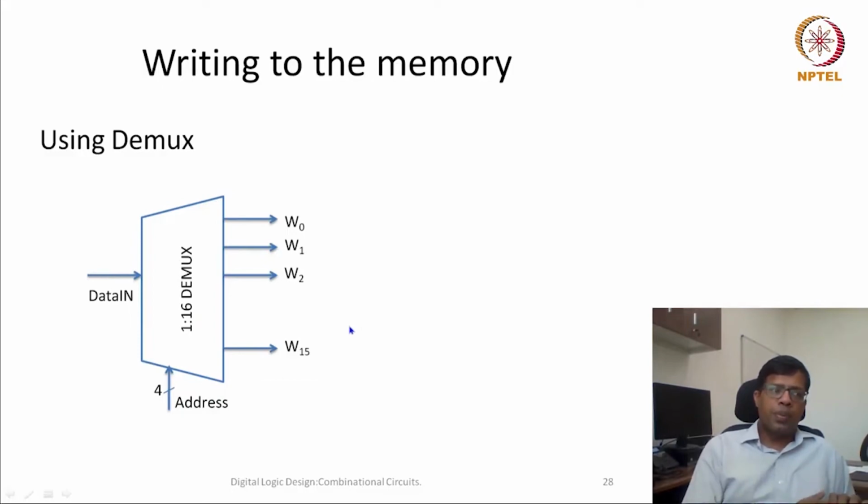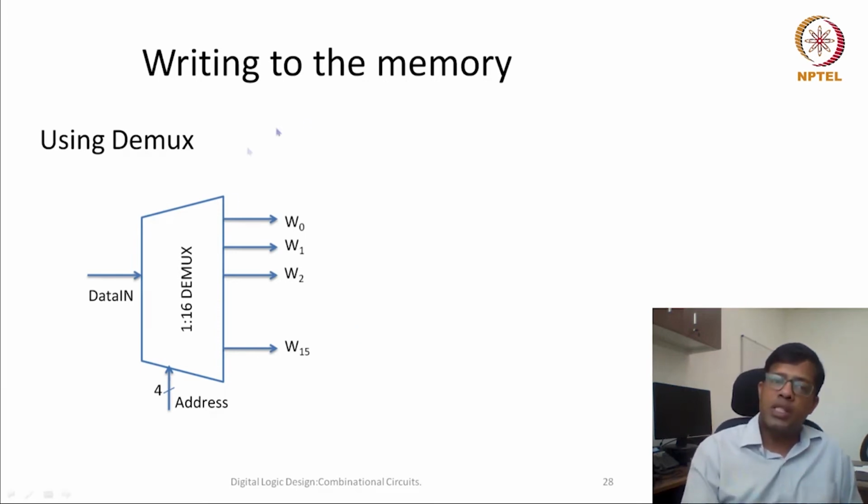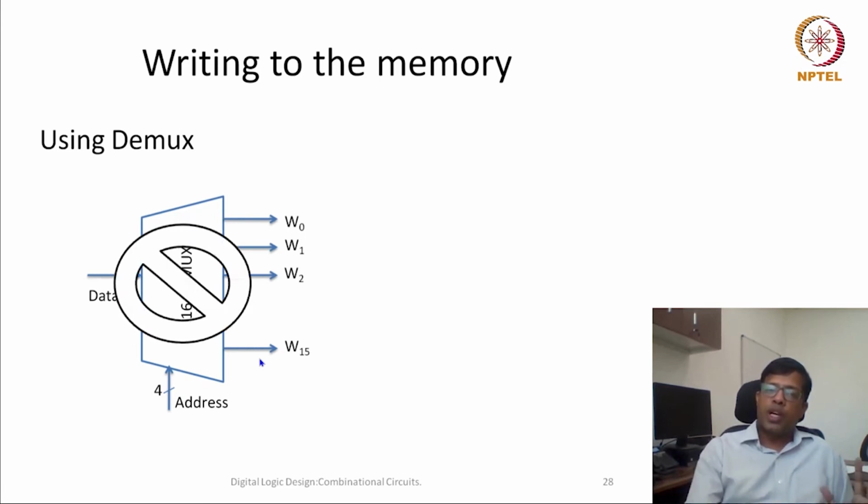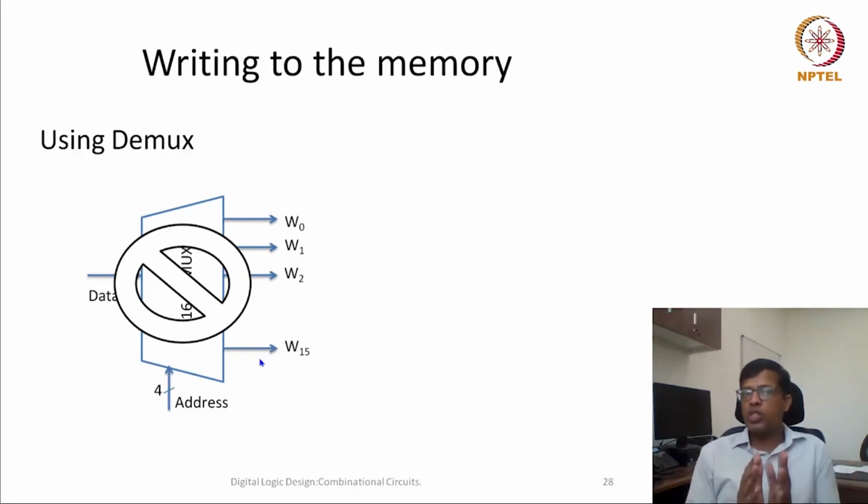So it looks like a duplicate effort, because I first have to generate my enable signal, and then data in going to a particular W becomes sort of unnecessary. So rather than that, we have to discard this, and focus on generating the enable signal rather than the W signal.